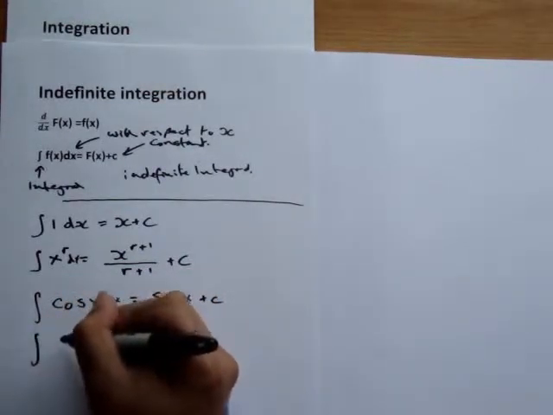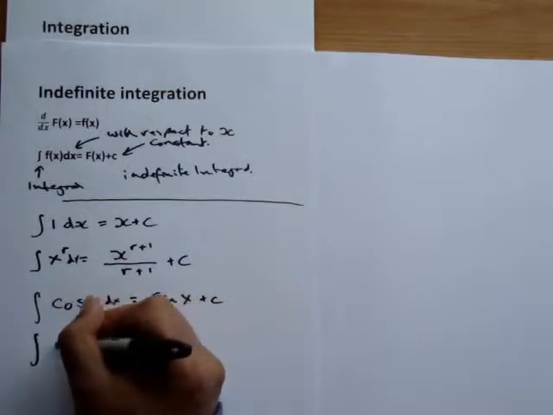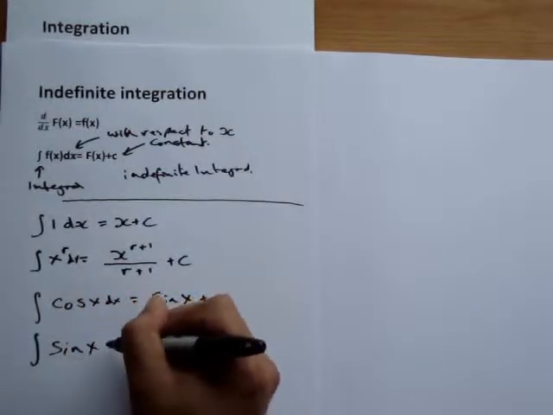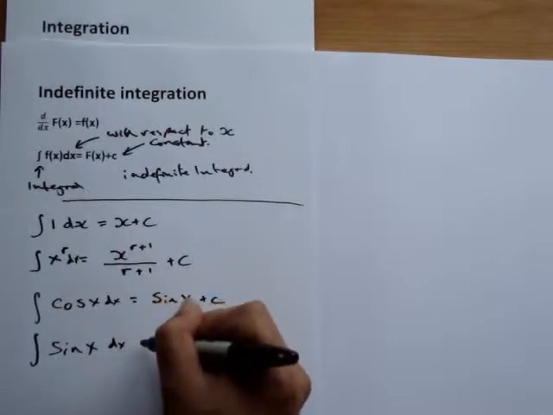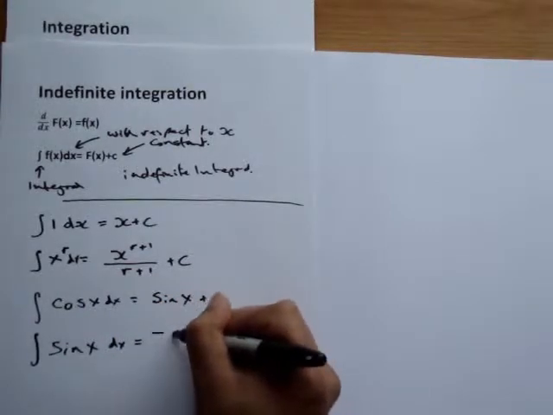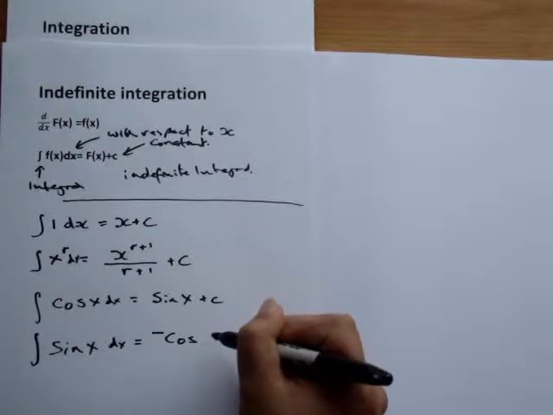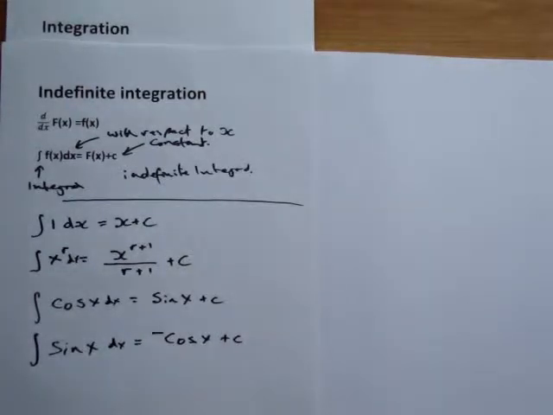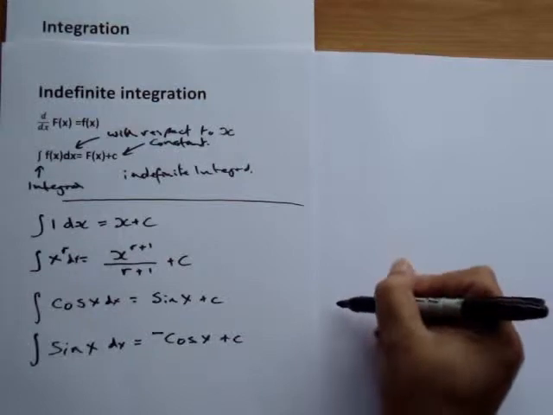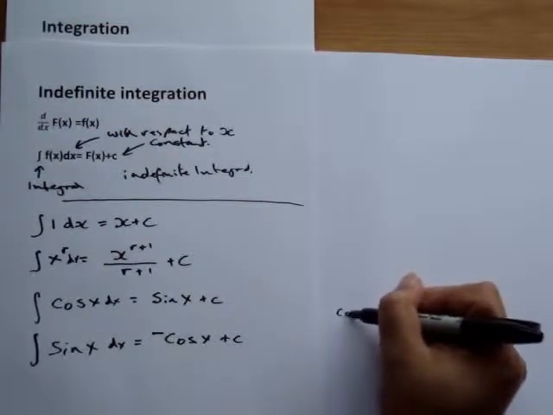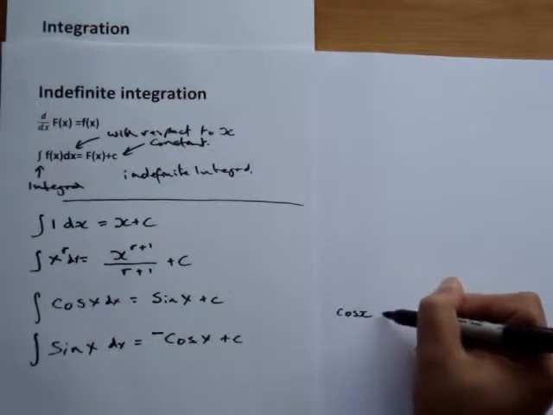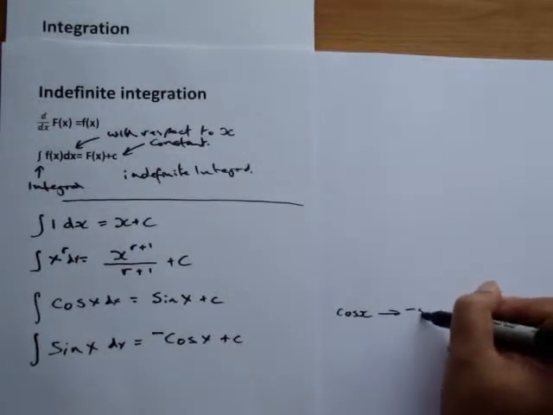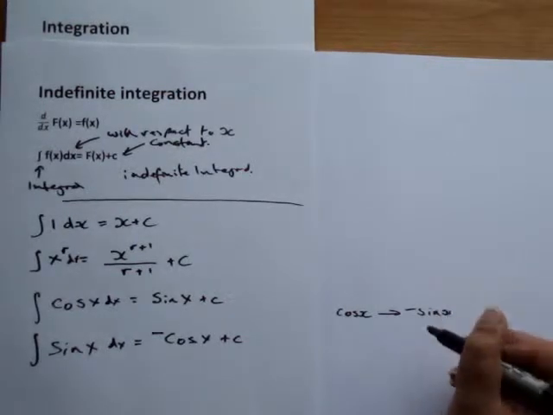The integral of sine x dx equals minus cos x plus c. This one can be confusing, because if we remember when we differentiate cos x, we get minus sine x.